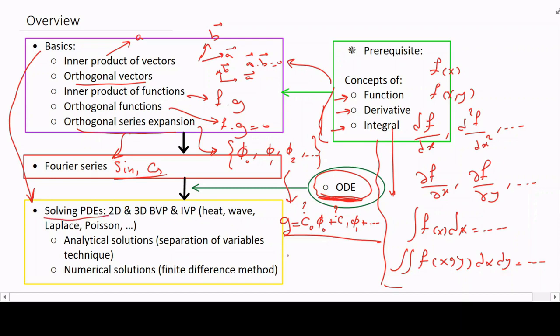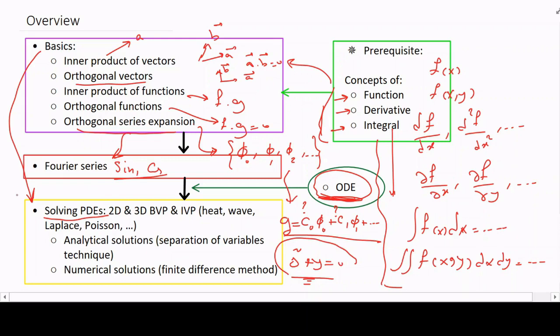We're going to talk about those important classes of ODEs, for example, something like a second order ODE, how to solve this equation, because that's very important. In order to solve a partial differential equation, you need to know these basic concepts. But if you don't know ODE, don't worry, we're going to cover ODE to the extent that is needed for being able to solve partial differential equations.